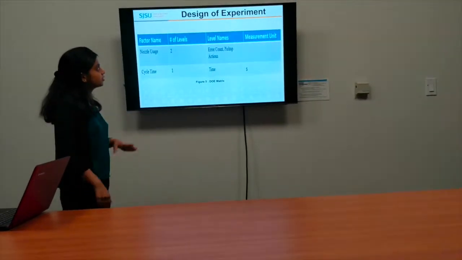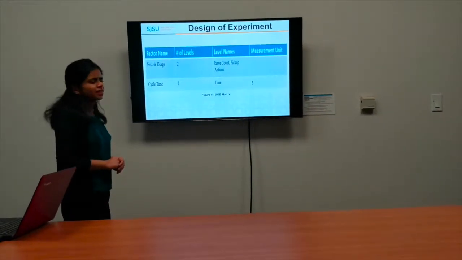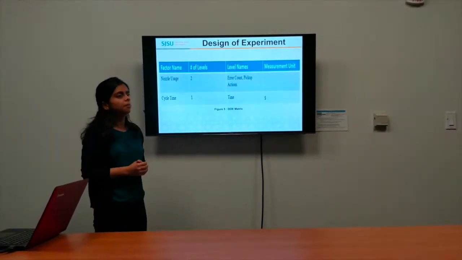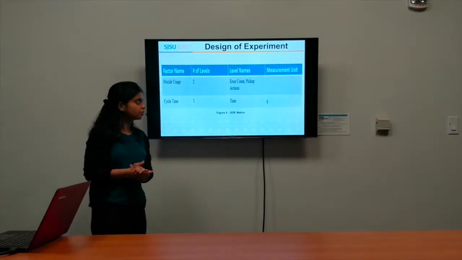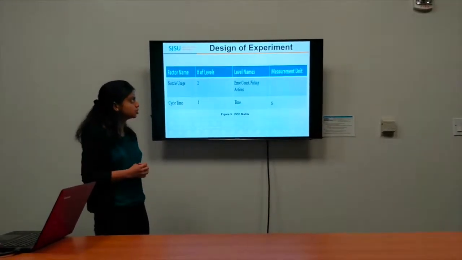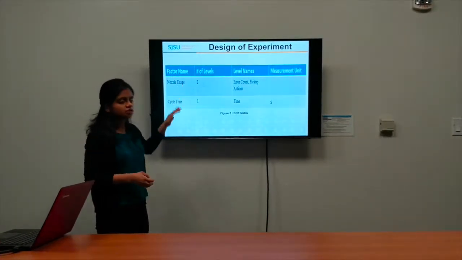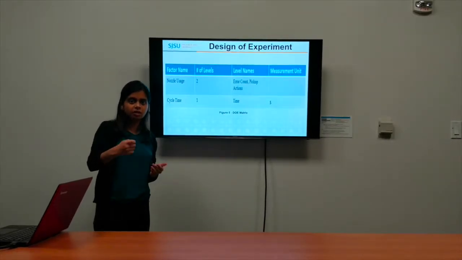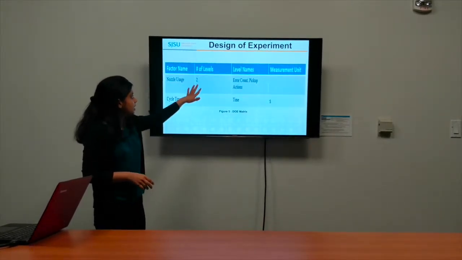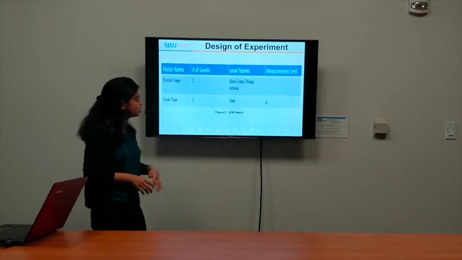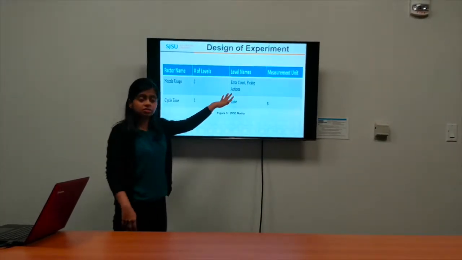So looking at the design of experiment for this project, there is a lot of real-time data that comes from the protocol, but due to the limited scope of our project, the calculations that we did were for the nozzle usage. The nozzle is basically the tip of the head that picks up the part, and there were two parameters that we were judging: the error count and the pickup actions of the nozzle.